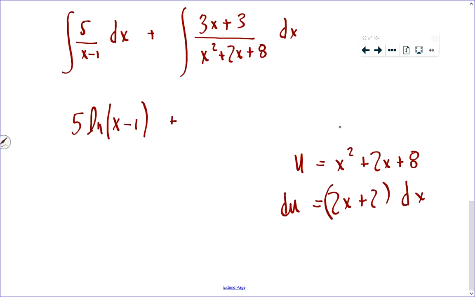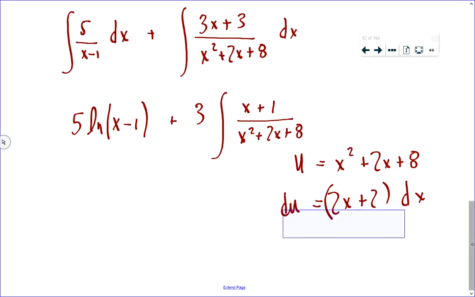And that, in a way, is in this integral. I can take a 3 out of the integrand. And there's a couple of ways to proceed here.